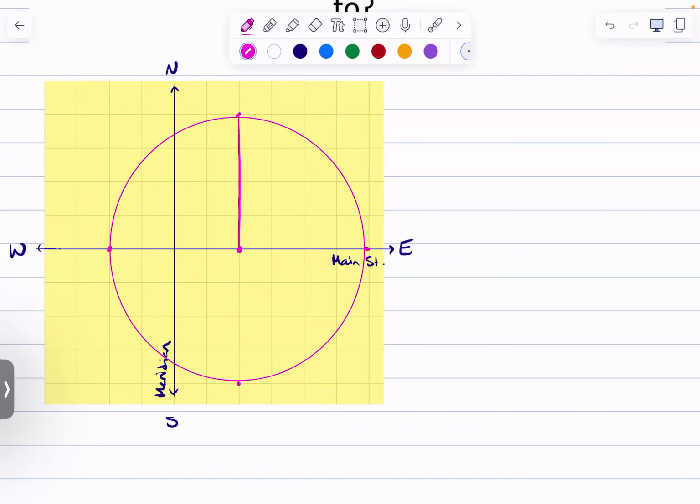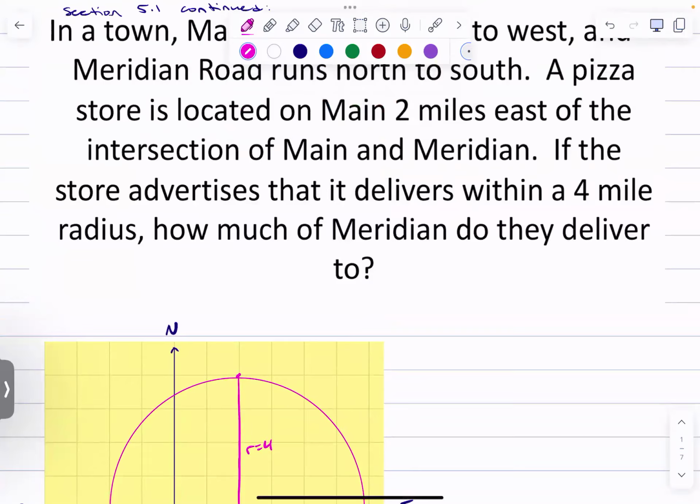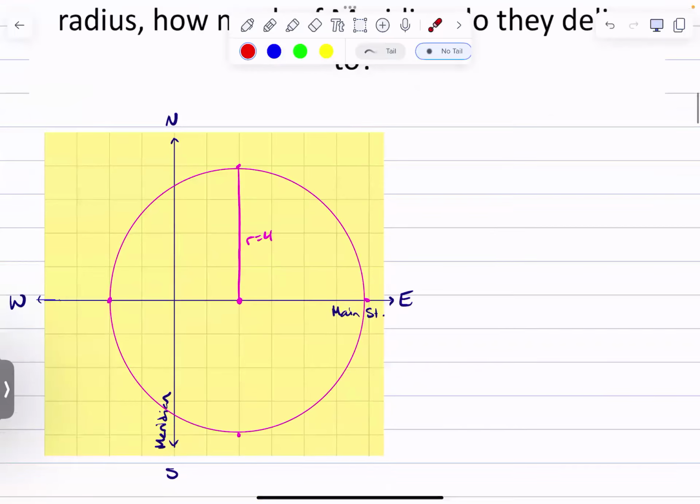So here, r is 4. How much of Meridian do they deliver to? So this here is Meridian, right? And so we want to know, how long is this stretch? Which is very, very similar to the ant problem.